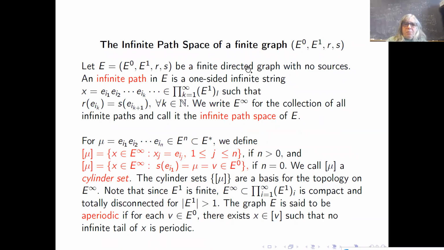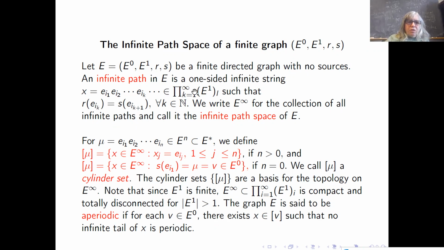Okay, so let's talk about the measure space on which we will define the wavelets. Suppose you have a finite directed graph with no sources. What is an infinite path? Well, it's the same thing as a finite path, except you let it go on forever. So x is an infinite path if x is in this infinite product of edges.